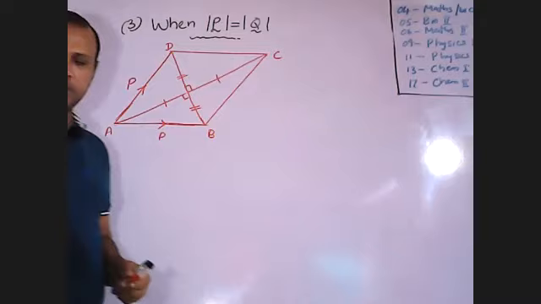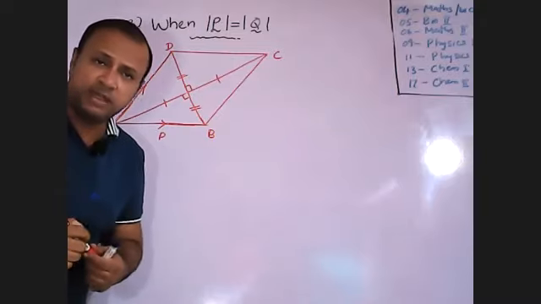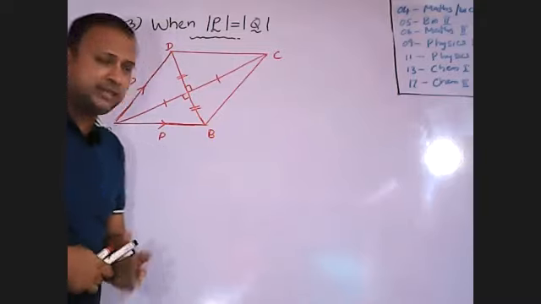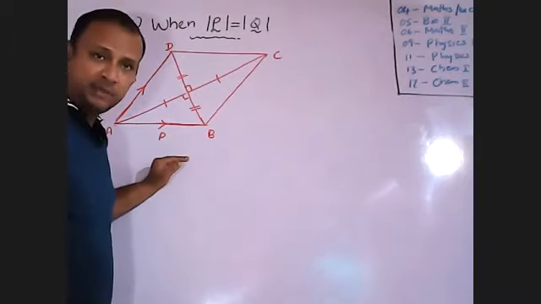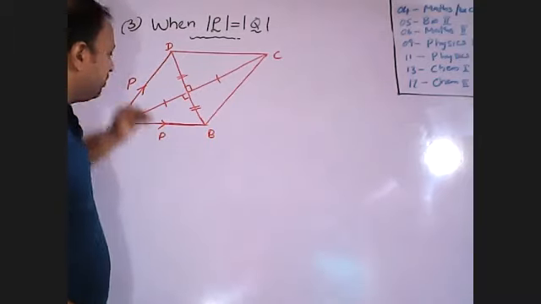Look at this. If both vectors are equal in magnitudes, that means if I draw a vector parallelogram, definitely it should be a rhombus or a square.